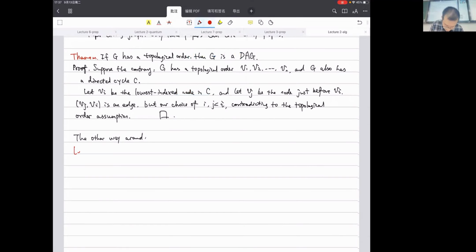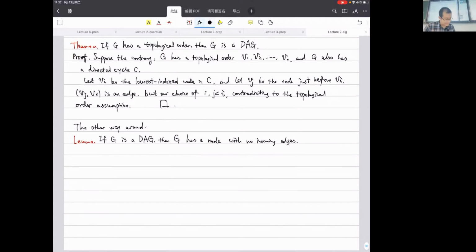But the first thing that we want to prove is that if G is a DAG, then G has a node with no incoming edges.